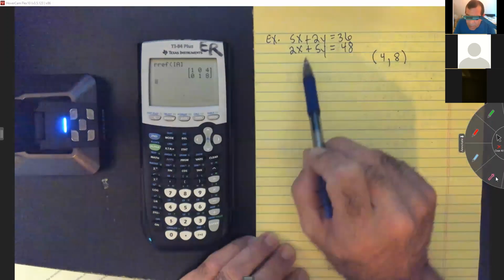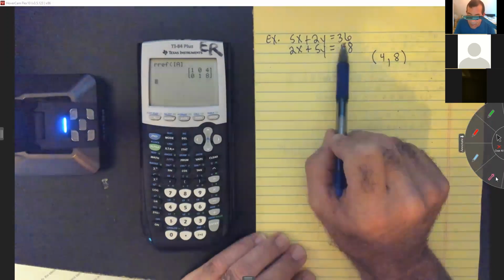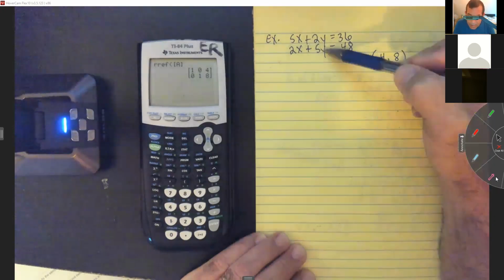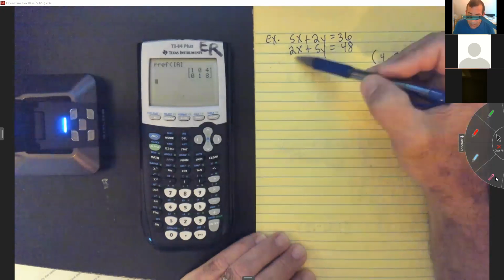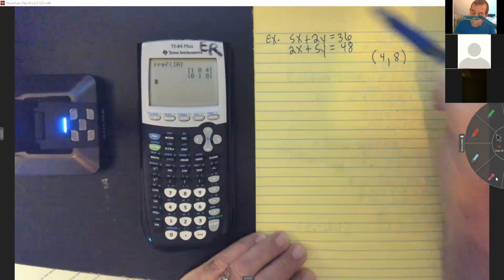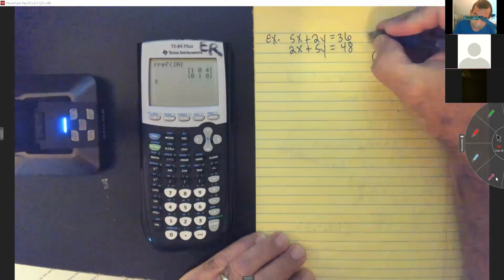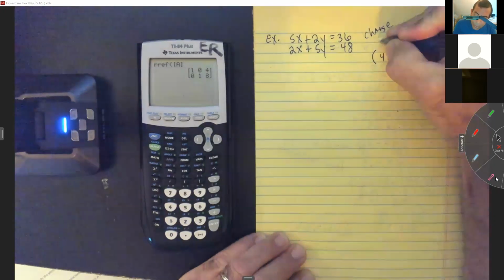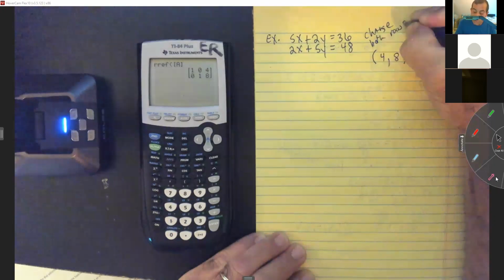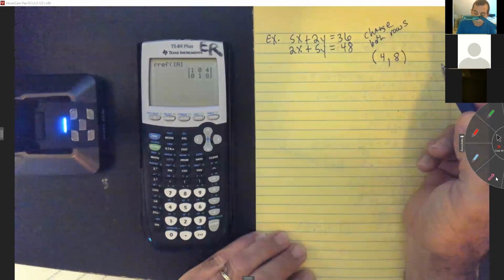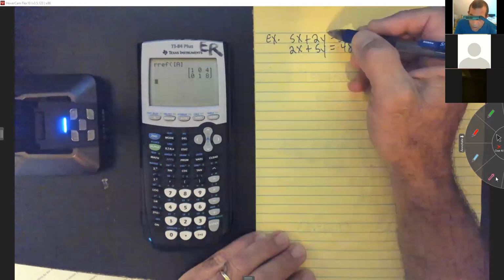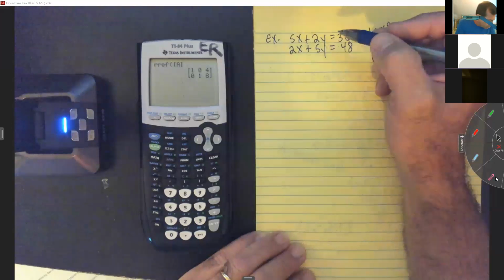So notice, there's no numbers that are easy to pick on this one. Because I got 5s and 2s on both of these. So there's nothing I can do to this 2 to make it into a 5. So what I got to do is change both rows in order to get rid of one of these numbers. So I think what I'll do, the first row, let's see, I got 5s and 2s.